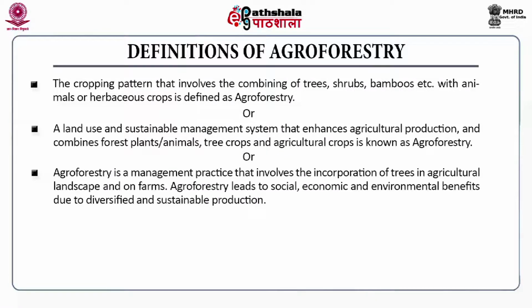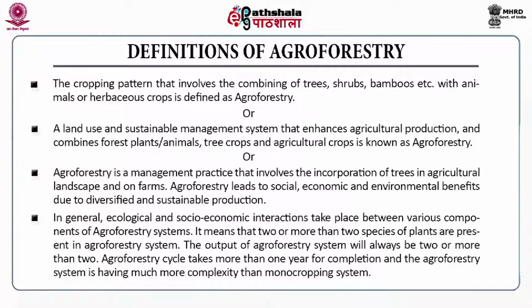Or we can say that agroforestry is a management practice that involves the incorporation of trees in agricultural landscape and on farms. Agroforestry leads to social, economic and environmental benefits due to diversified and sustainable production.